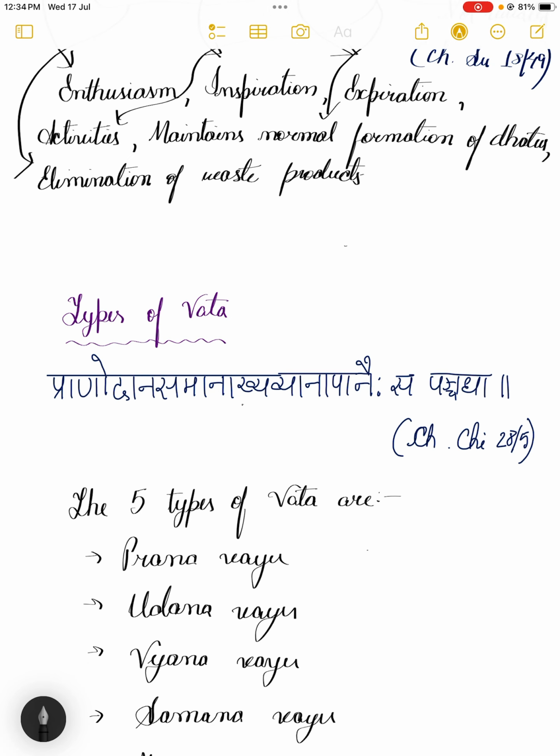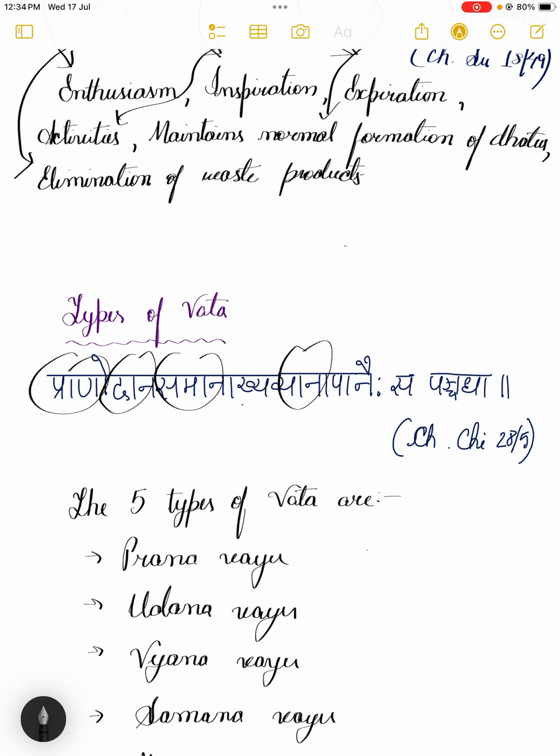Acharya Charak in Chikitsa Sthan 28th chapter has said Prana Udana Samana Vyana Apana, Sa Panchadha.